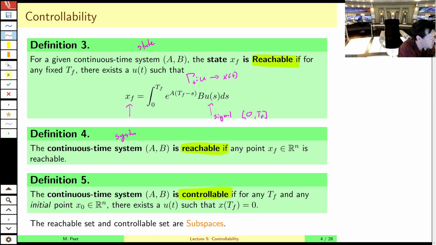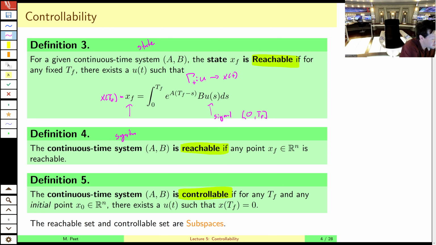So this state is reachable if there exists an input signal whose corresponding solution reaches your desired xf at time tf. And this has to be true for any fixed time. It's not difficult to show that if it's true for some fixed time, it's true for any fixed time, but that's another question for another slide.